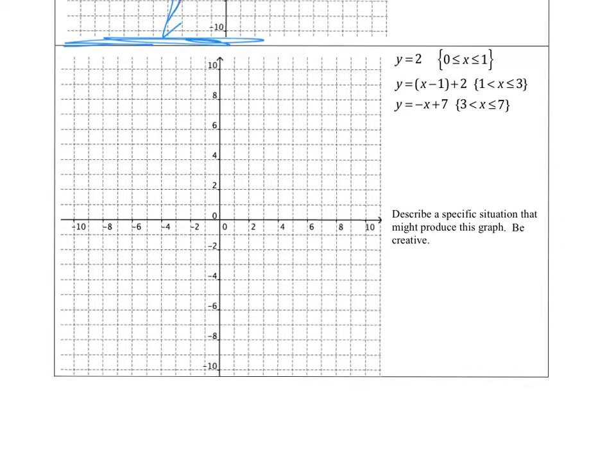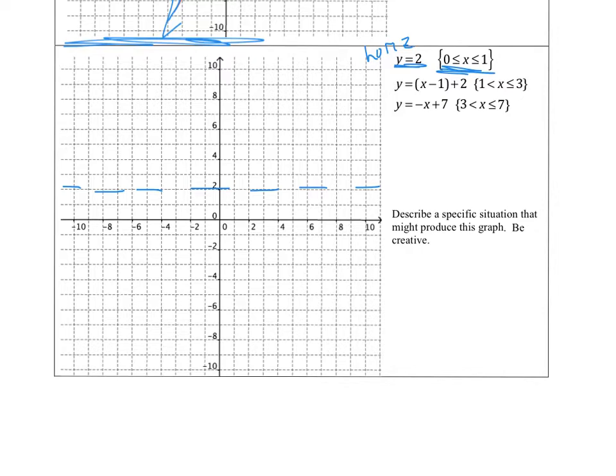For the second one, I've got a more complicated piecewise function where I've got 3 different pieces. Y is equal to 2. I know this is a horizontal line at y equals 2, so I'm going to just sketch that in place now. I also know this only applies when we're between 0 and 1.